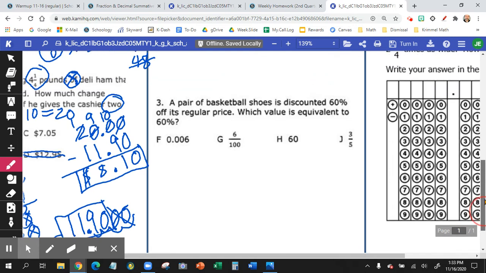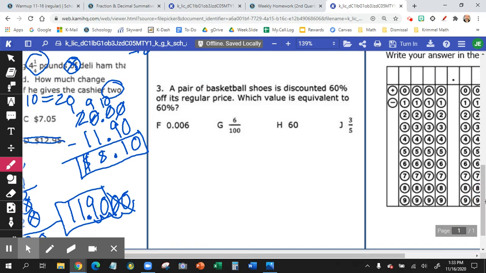And same thing here, the percents. So which value is equivalent to 60%? So we're going to put 60% goes over 100. And then looking at your answers, we have 3 decimal place values, 1, 0, 0, 0. And then here we don't have 60, we're missing a 0.